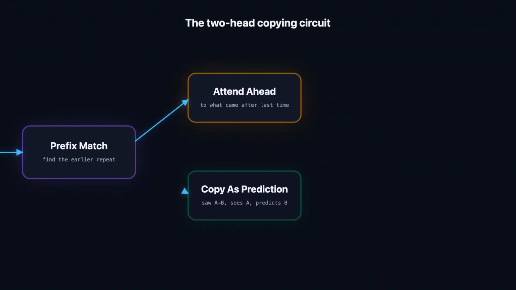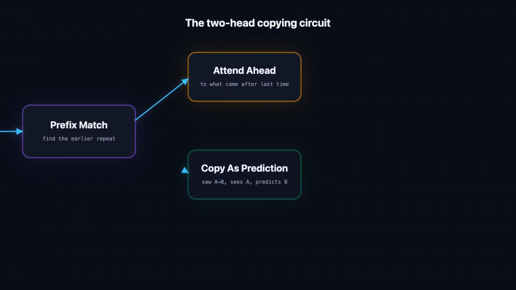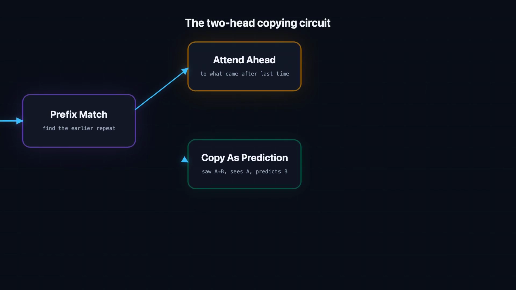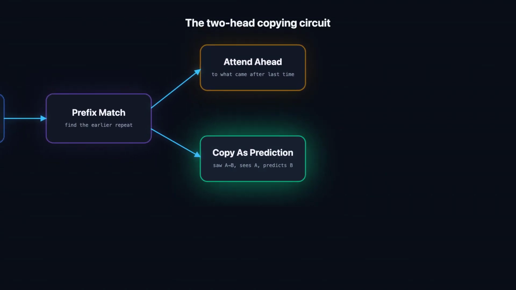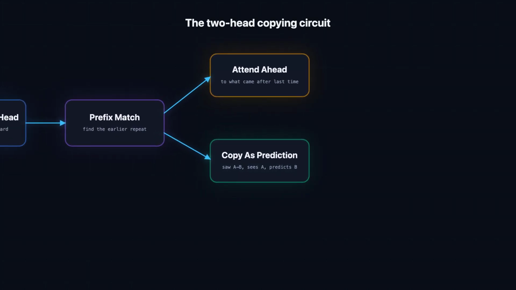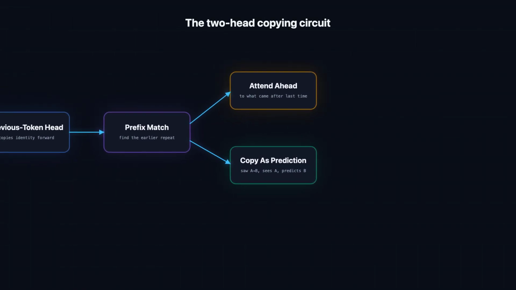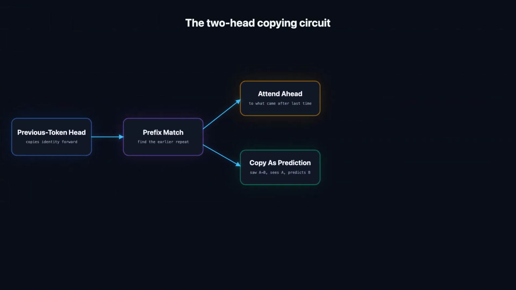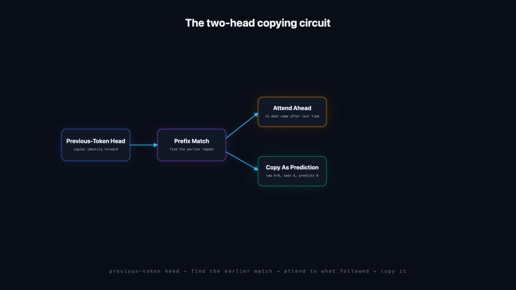This is where the previous token head pays off, because that forward-copied identity is exactly what lets it jump to the following position. Finally, it copies that token forward as the prediction. Put simply, the model saw A followed by B earlier, it sees A again now, so it predicts B. Prefix matching and copying, running inside the attention layers.